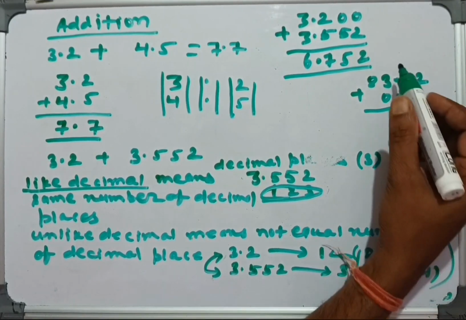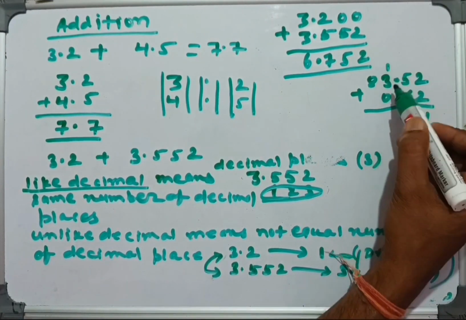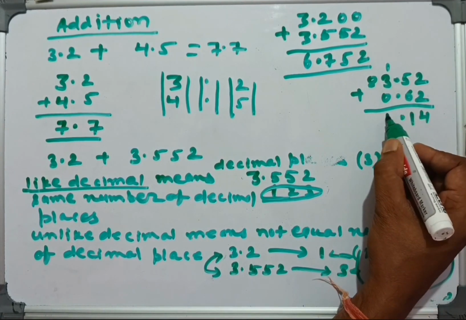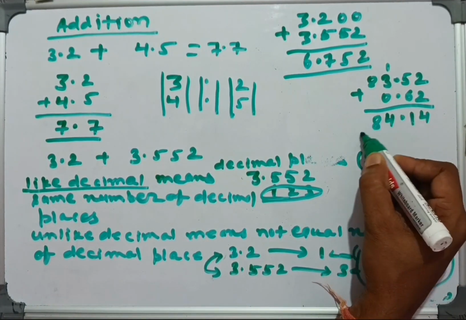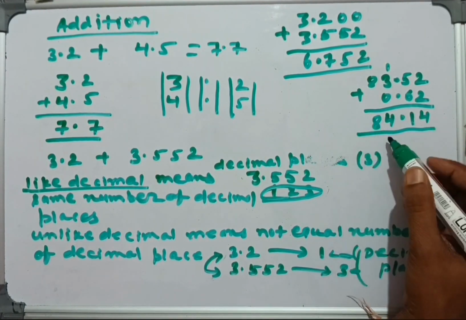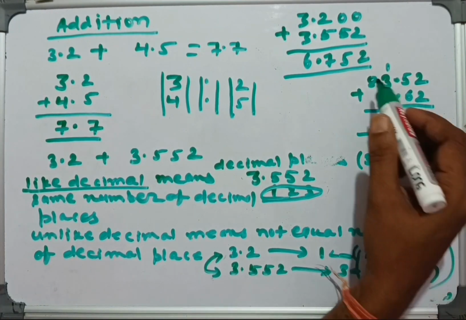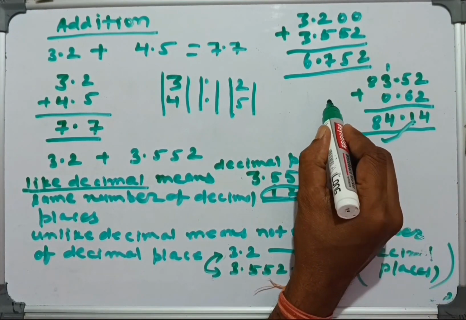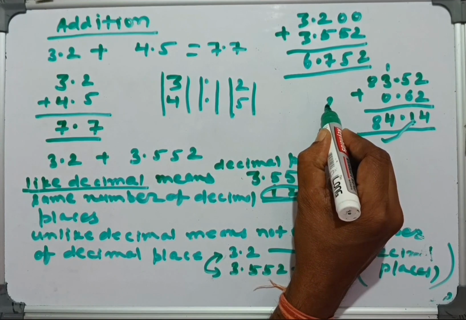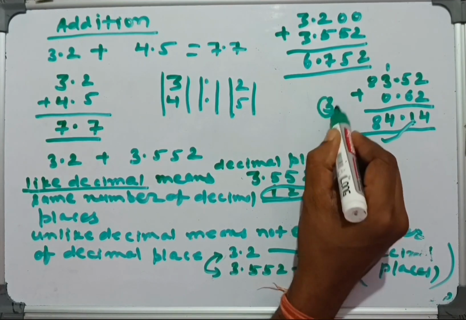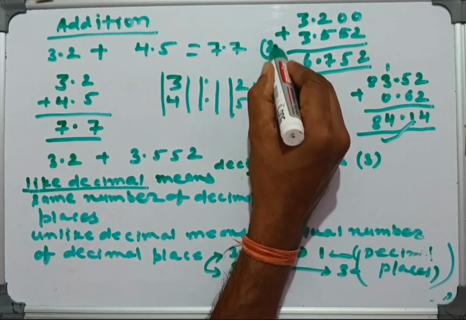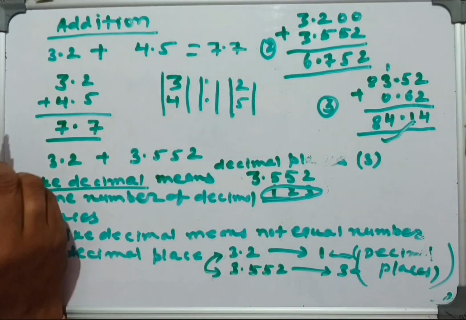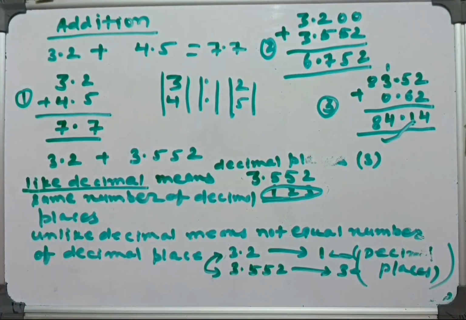Now carry is 1, so you write carry 1 here. Then 1 plus 3 equal to 4. And this one is 8. So this is the final answer for this question. So this is question number 3, this one is question number 2, and this one is question number 1.